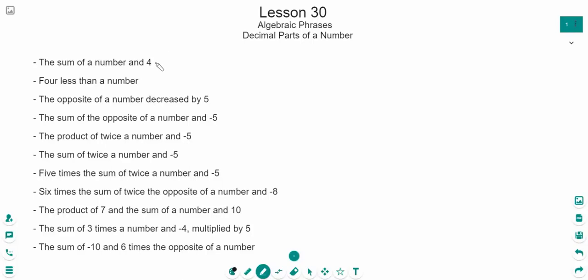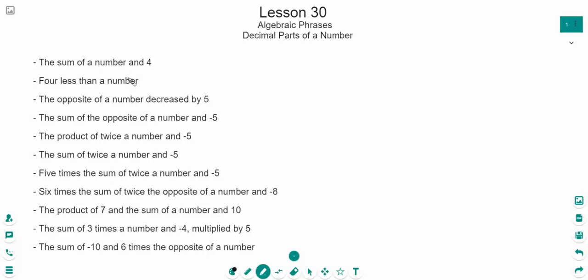So with that being said, we're going to go through some of these. These are going to become very important when we start talking about word problems. And we won't be actually doing word problems today, per se, but we will be doing them in the future. So it's very important that we get good at translating these phrases into algebraic expressions.